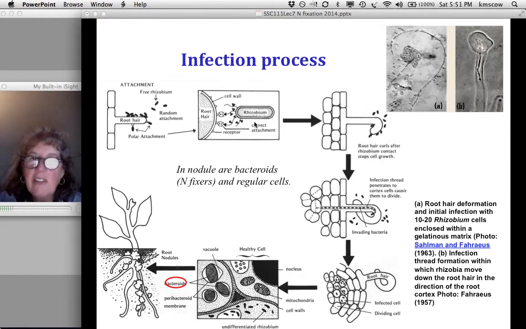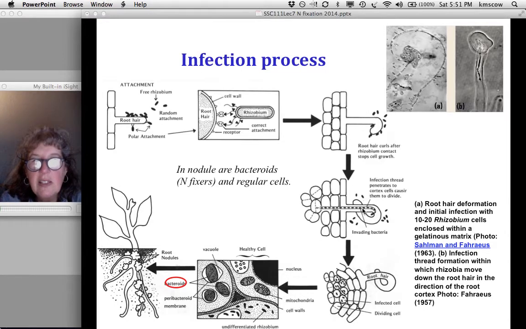But there's definitely this signaling that goes on. And then the root hair starts to curl around these rhizobia that have accumulated at this surface, where there's this signaling going on. And then they start to enter into the root hair.